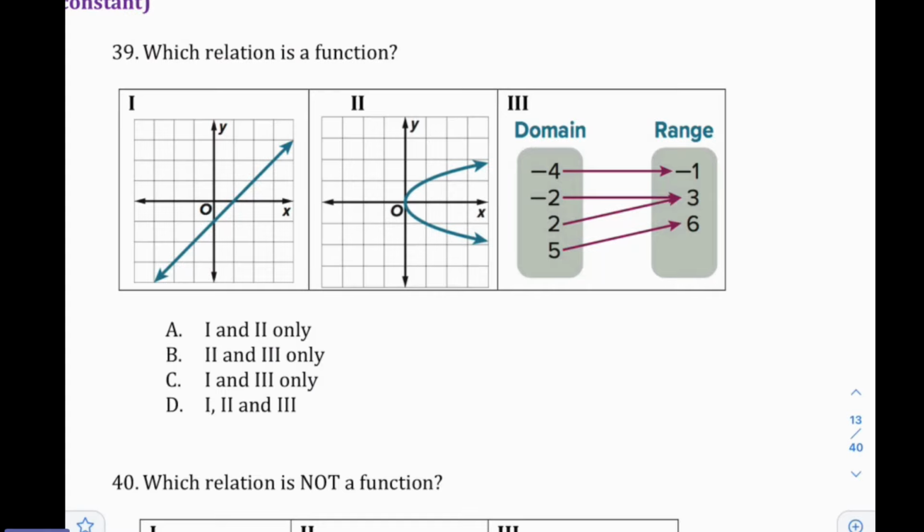It means if the domain includes values, you cannot have two images for a certain element. You cannot be at the same time in class 1 and class 2. So this is not acceptable. However, we can share the output. For example, elements 1 and 2 can share the same class. So this is generally the definition of the function.